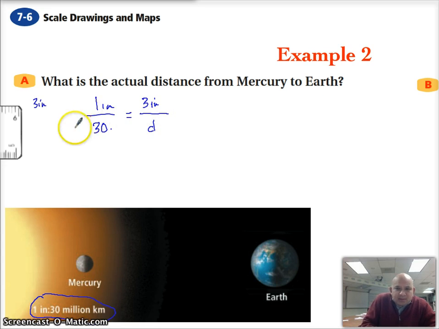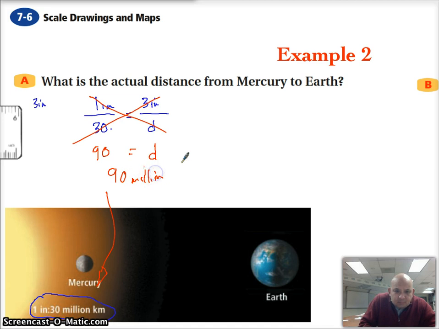Then I'm going to go ahead and cross multiply. In this case, 1 times d is d again. 3 times 30 is 90. Now 90 what? Well, we're converting to 90 million kilometers. So my answer is 90 million kilometers. That's the actual distance from Earth to Mercury.